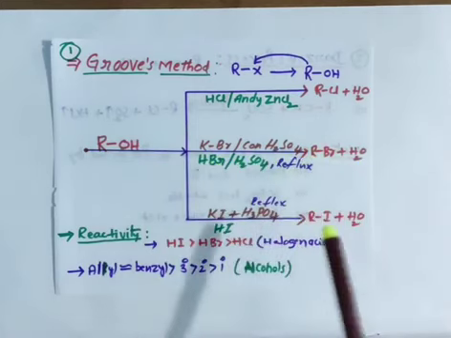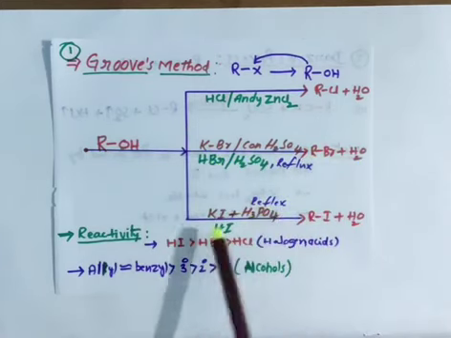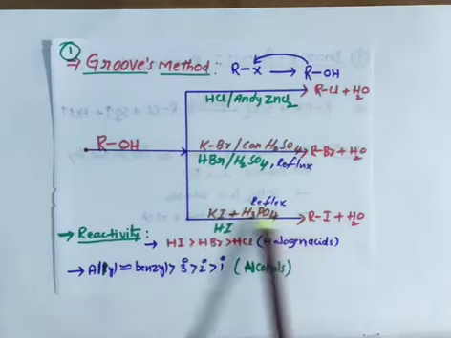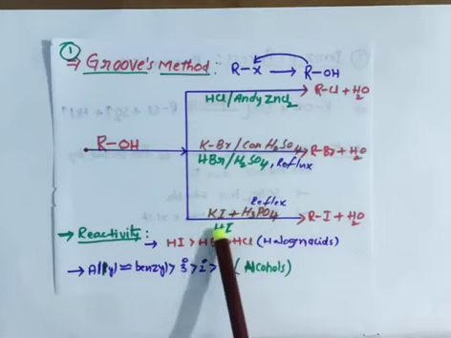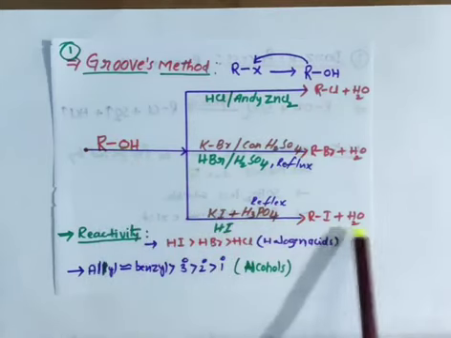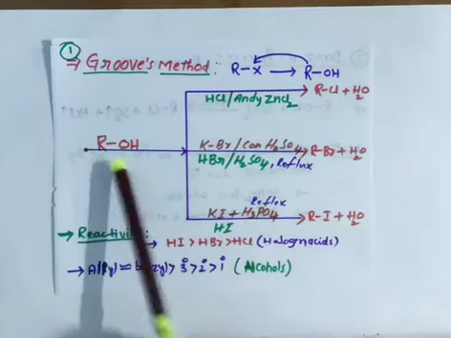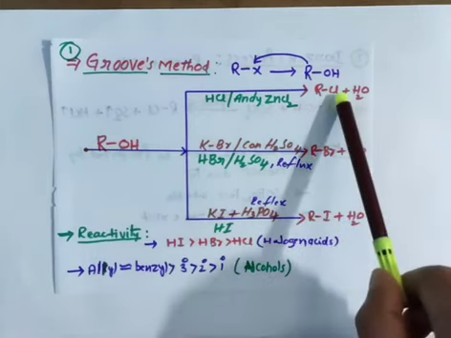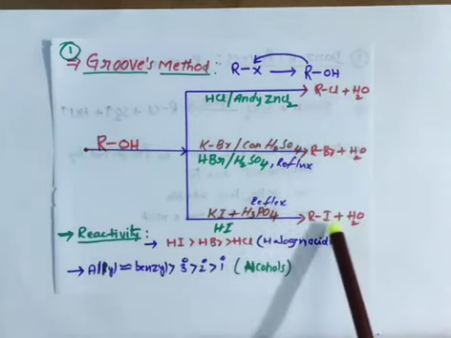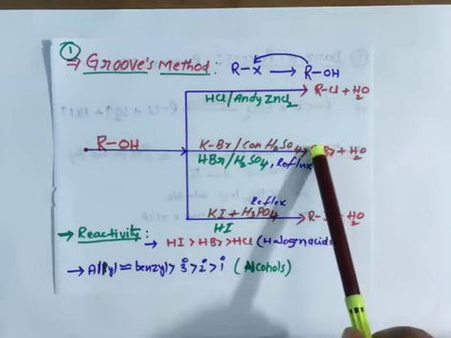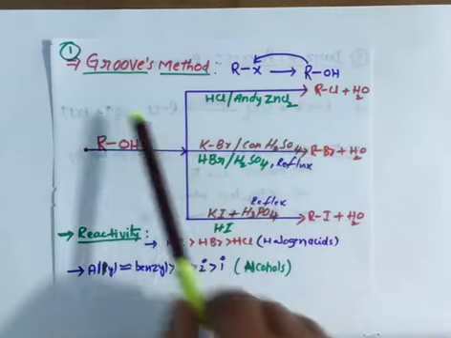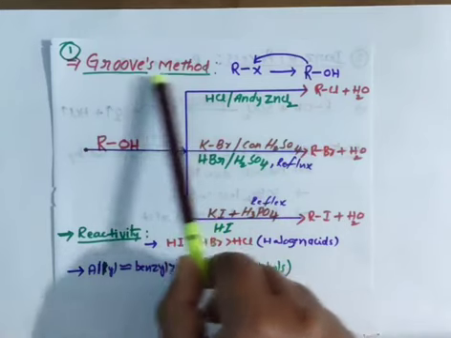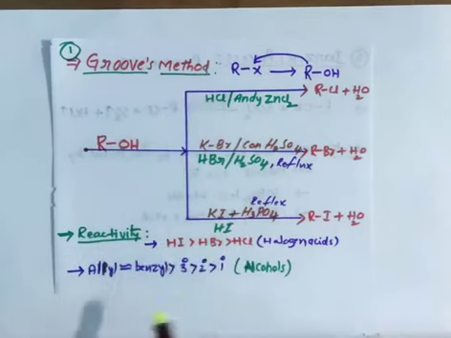You are getting bromoalkanes. In a similar manner, in the presence of HI or KI, we take this hydrogen and this OH group removed as a water molecule, RI you are getting, iodoalkanes. This means with chlorine, bromine, iodine you can prepare haloalkanes. This method, given by Groves, we are calling Groves' method.